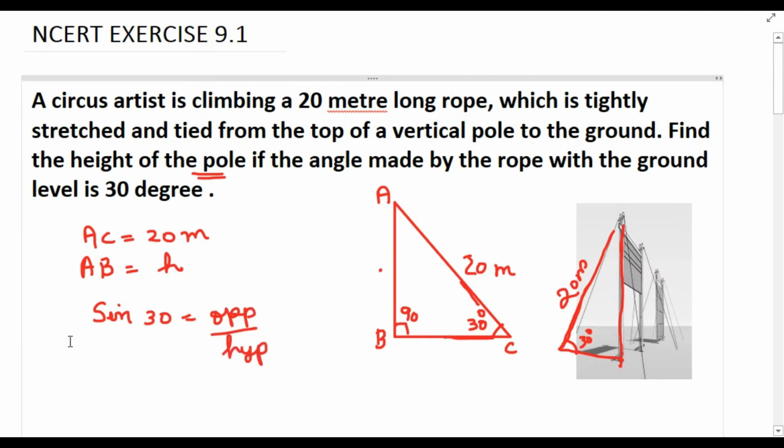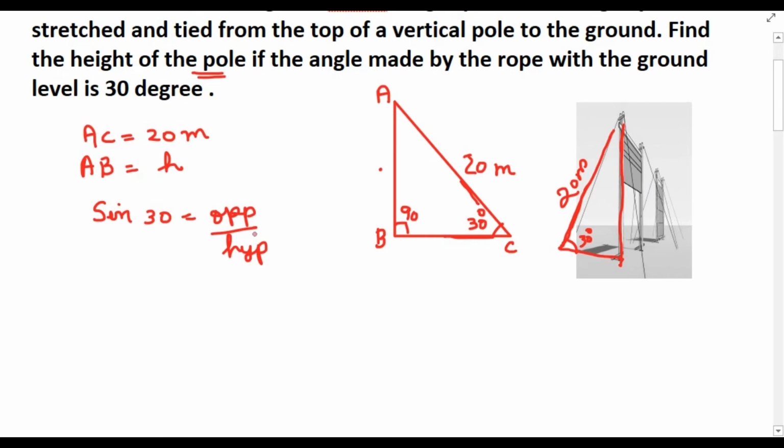So here opposite side is AB and hypotenuse is AC, and we know that value of sine 30 is 1 by 2. Now we will substitute 1 by 2 equal to AB is h, height of the pole, and AC is length of the rope, divided by 20.